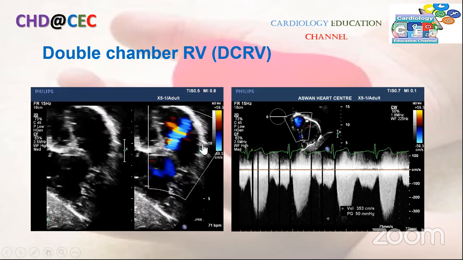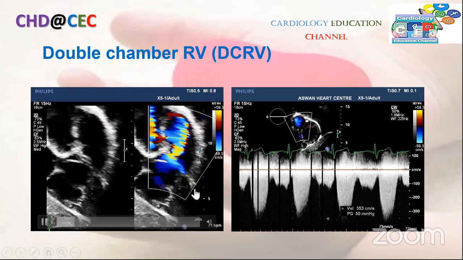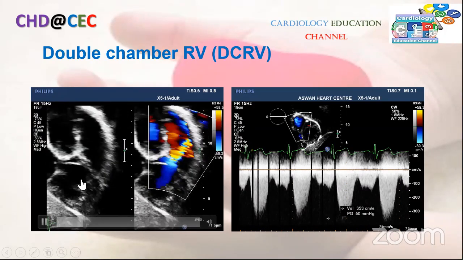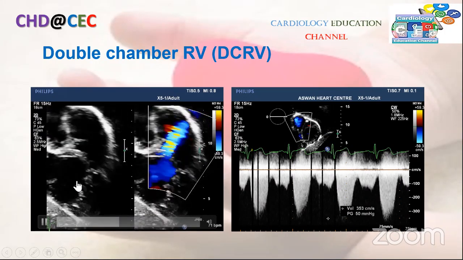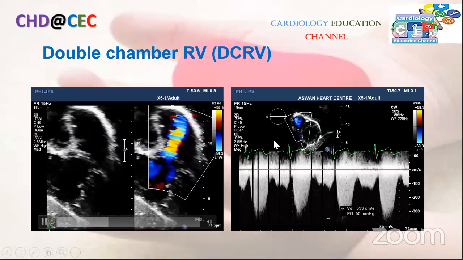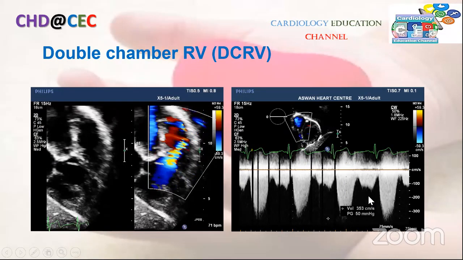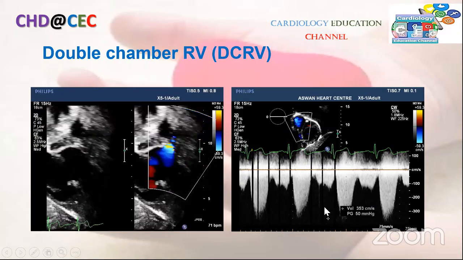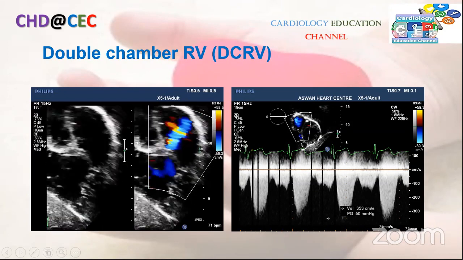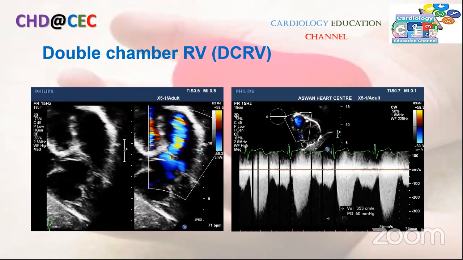So we can see clearly in this view the diagnosis: the RV is divided into two chambers. This is the proximal high pressure chamber. This is the distal low pressure chamber. And we are getting the gradient across the stenosis to identify the degree of stenosis, like the pulmonary valve.